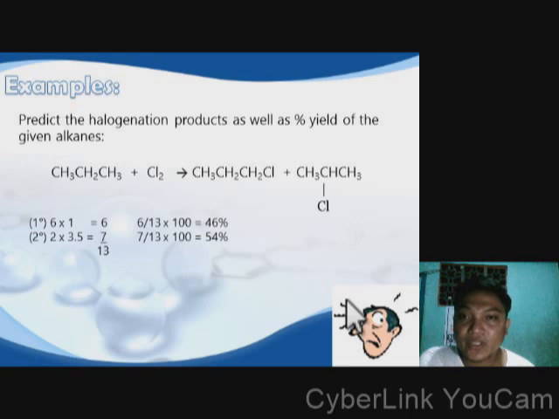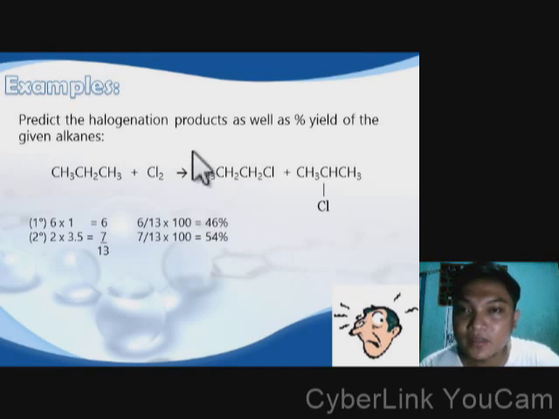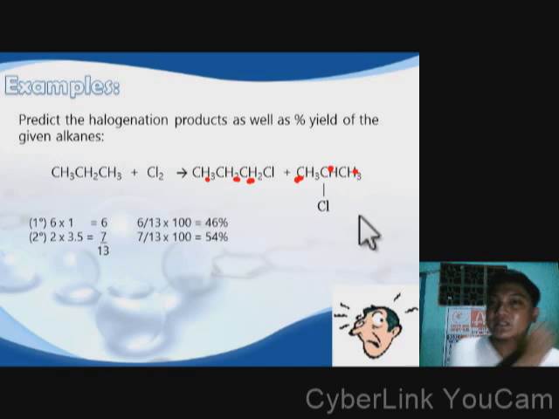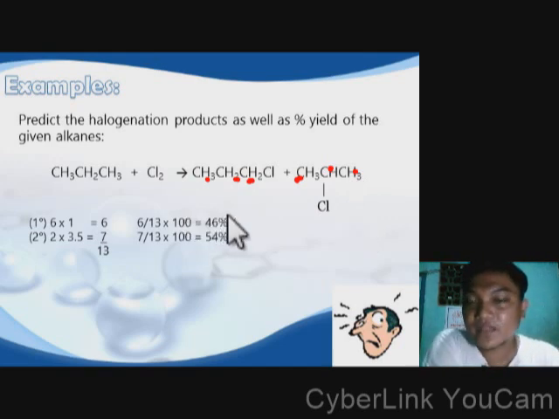Tignan mo. Yan, sa primary. 1, 2, 3, 4, 5, 6.